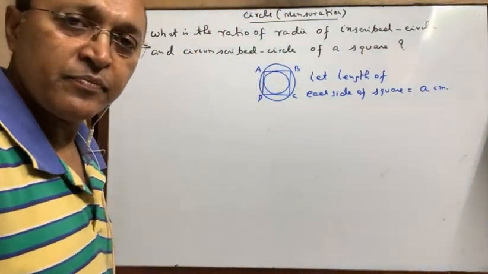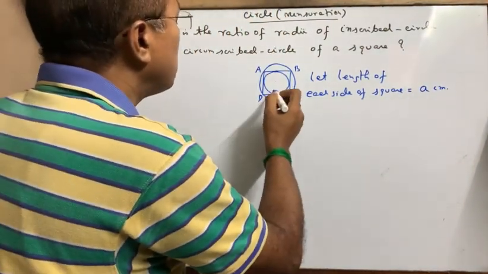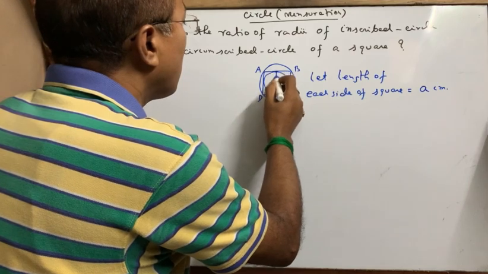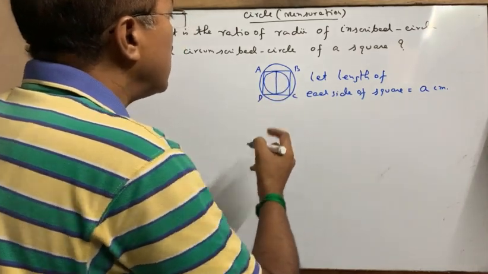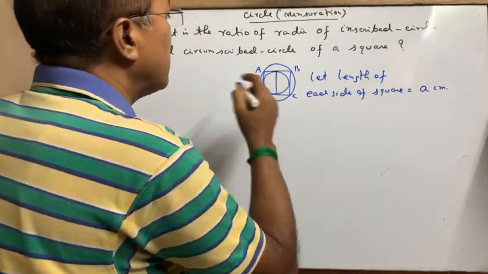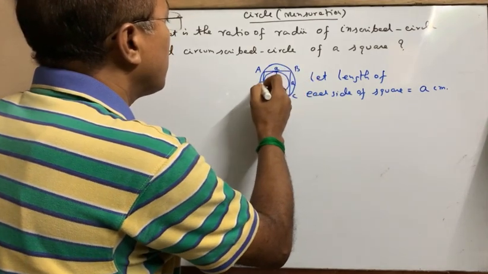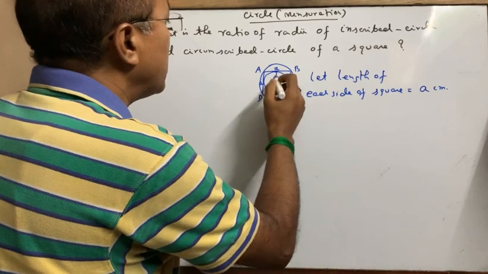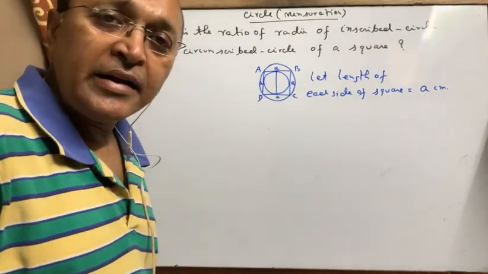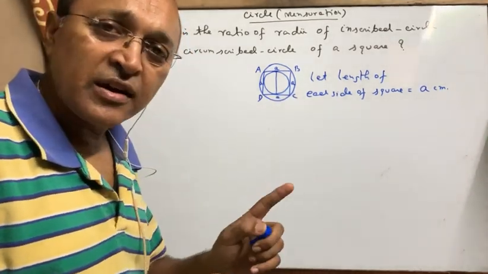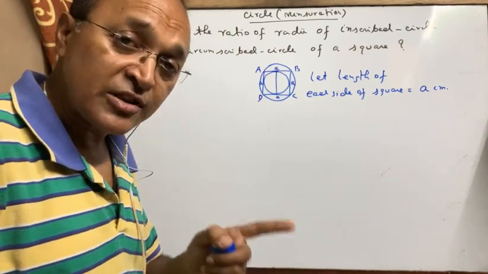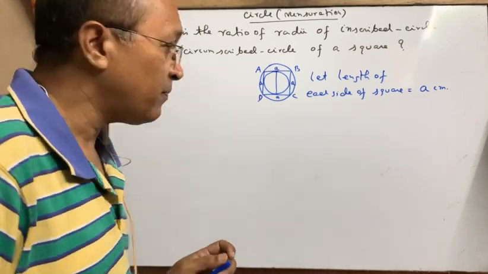Okay. So think about the incircle. If each side of the square is a, it means the diameter of the incircle is a, so the radius of the incircle is a by 2.